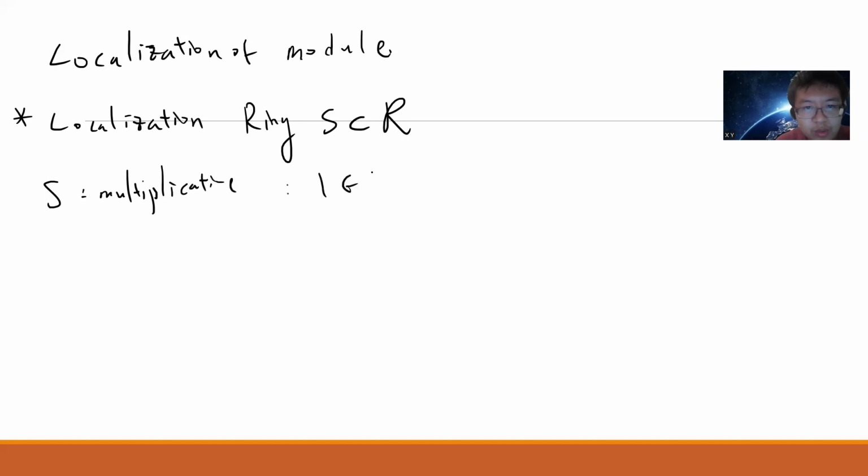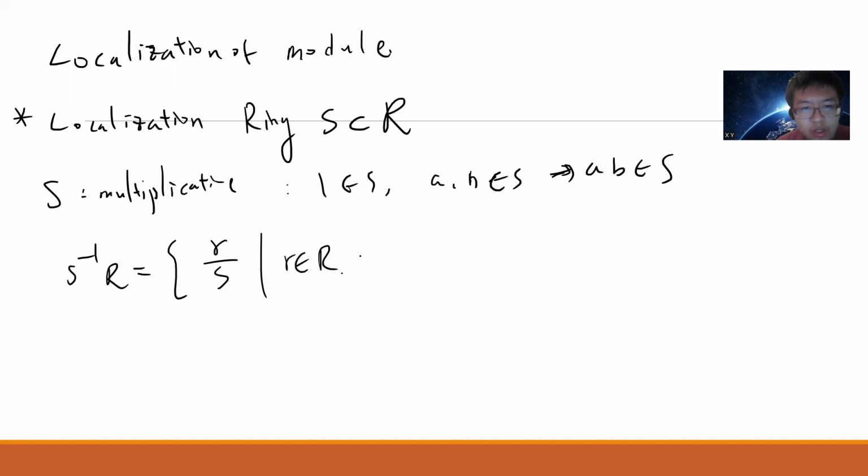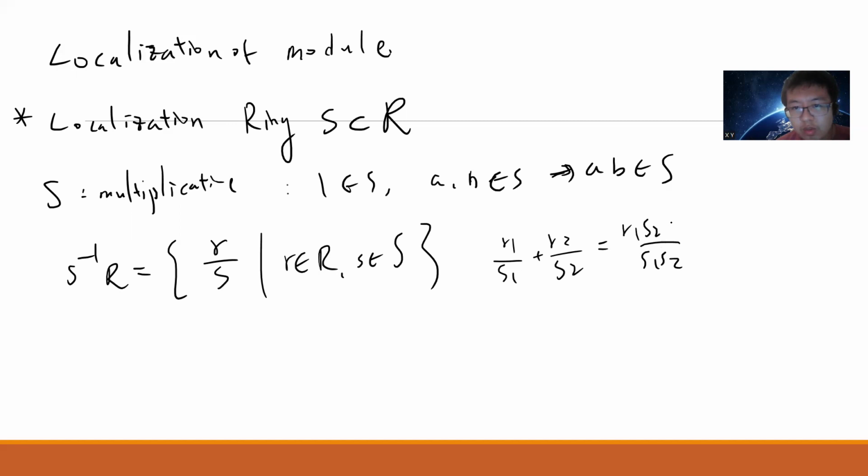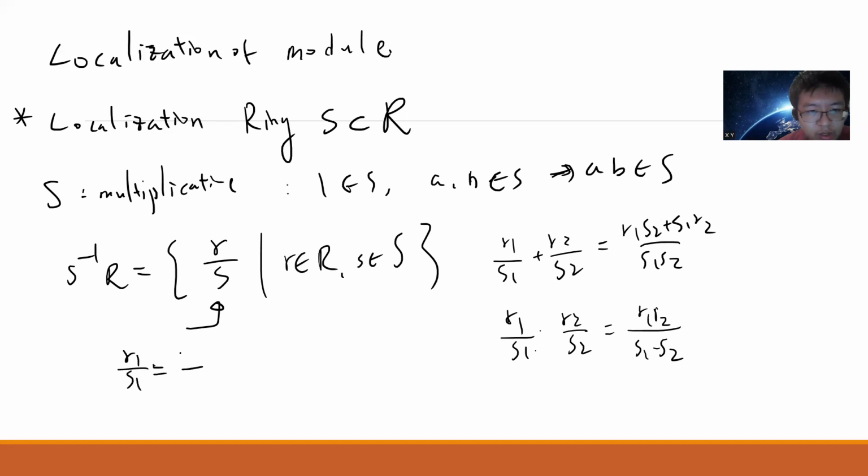So basically 1 belongs to S, and if a, b belong to S, then a times b belongs to S. S inverse R is the set of r divided by s, where r belongs to R and s belongs to S. Addition is very simple: r1/s1 plus r2/s2 is (r1 s2 + s1 r2)/(s1 s2), and r1/s1 times r2/s2 is r1 r2/(s1 s2). We also need to define an equivalence relation: r1/s1 equals r2/s2 if there is t belonging to S such that t(r1 s2 - r2 s1) = 0.